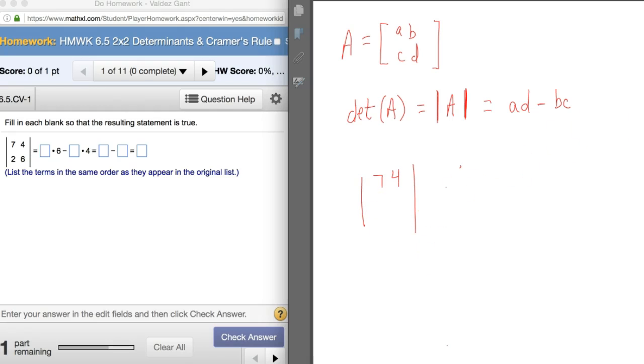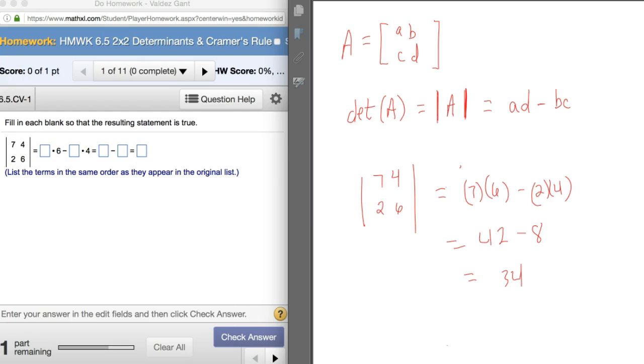So now 2, 6, like that. Then of course that would be 7 times 6 minus 2 times 4. And that would be 42 minus 8, and that would be 34 as the result.